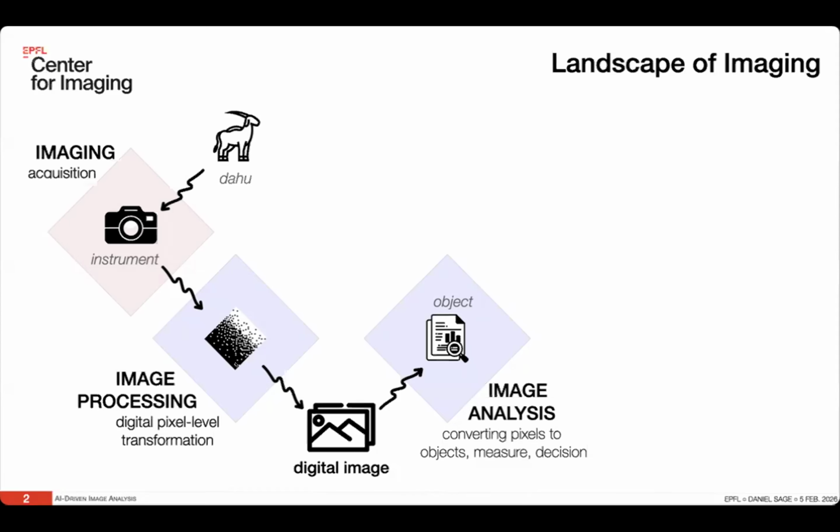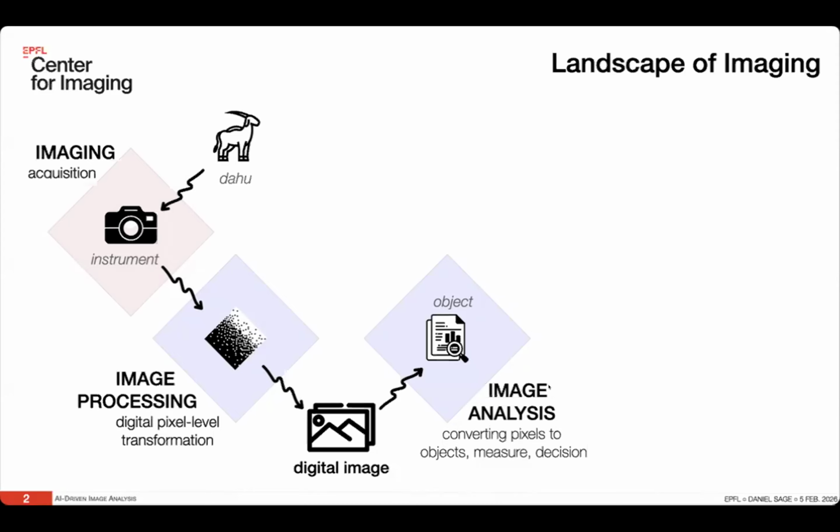We do some operations to improve the quality or the contrast, or we denoise or we deconvolve the image. So input is an image, output is also an image. At the end, we have a nice digital image that we can send to the next operation, which is image analysis. That's the most important operation, obviously.